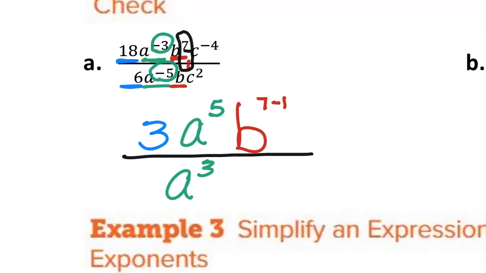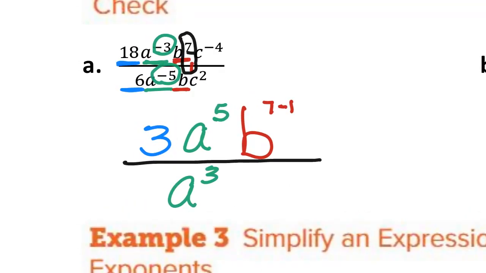So this is b to the 7 minus 1. And lastly, I have c to the negative 4 divided by c squared. C to the negative 4, let's deal with that first. It does not like being in the top, so it's going to go to the bottom, and that becomes c to the positive 4, where I remove the negative sign.